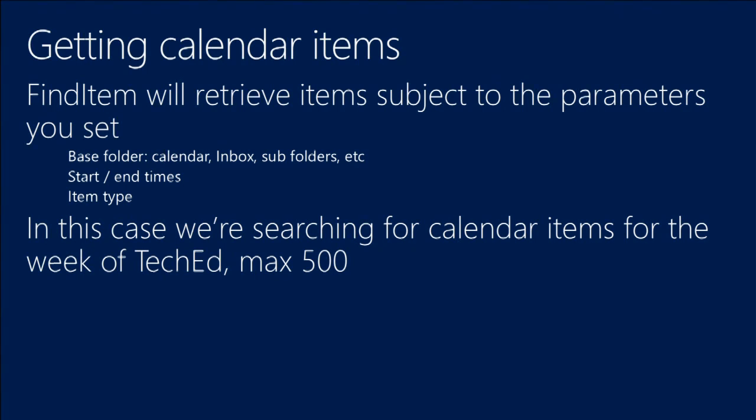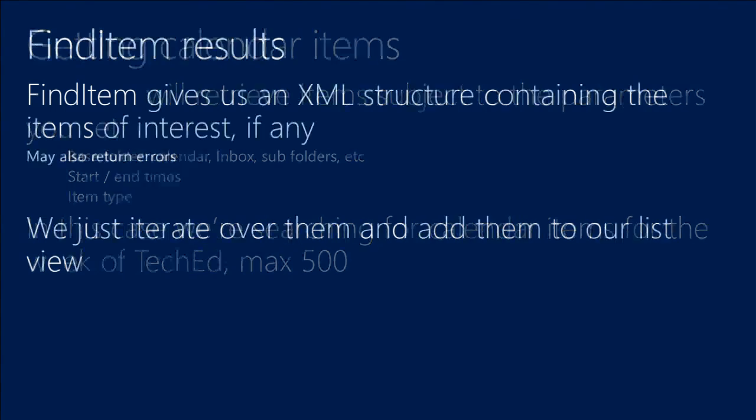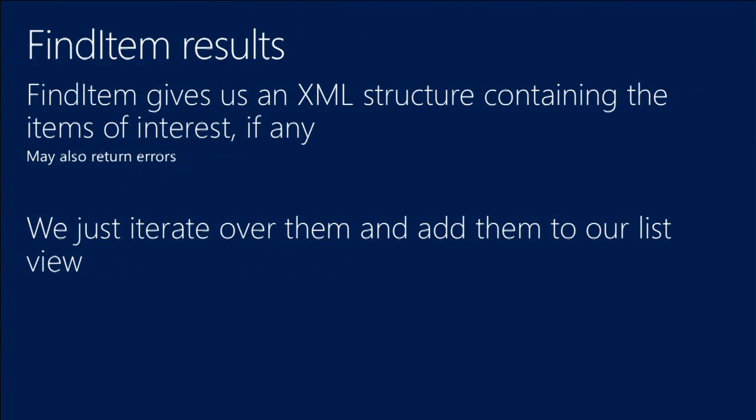On the other hand, when we call find item, we could be finding any kind of item anywhere in the mailbox. Calendar items, contacts, mail messages, folders. So specifying what Microsoft calls the shape of the thing we want to find is really important. So in this case, what we wanted is to define a shape for events during the week that we were interested in.